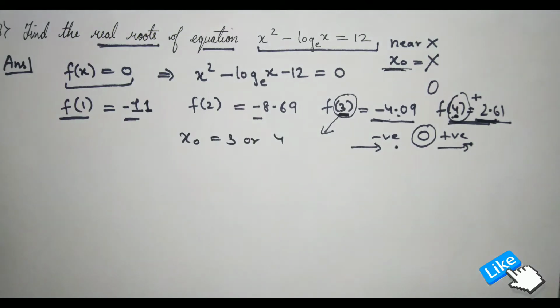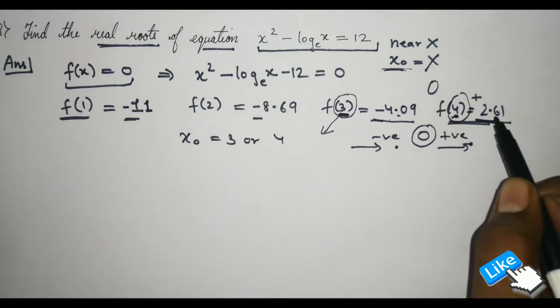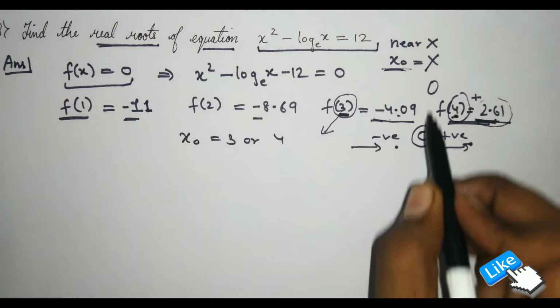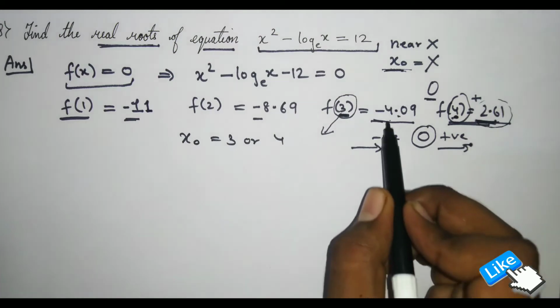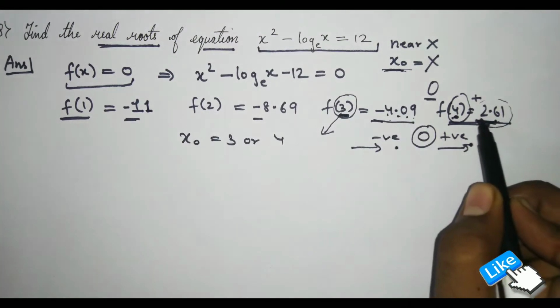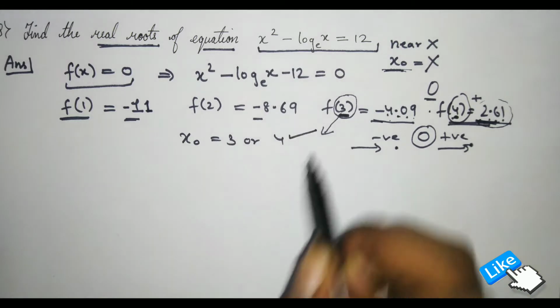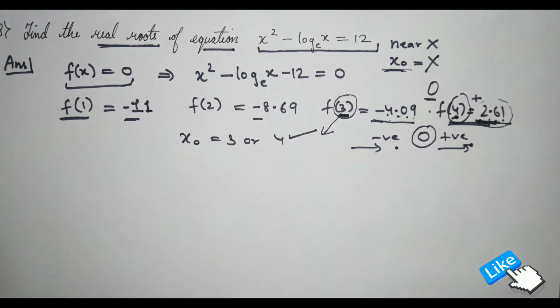For the appropriate real root, we'll take the value which is nearer to 0. Which is nearer, minus 4.09 or 2.61? 2.61 is nearer, so it's better to take 4. We can take 3 also, but for the appropriate real root we take 4.